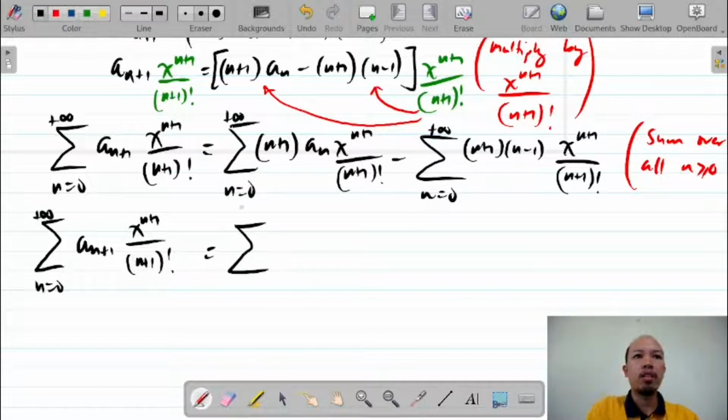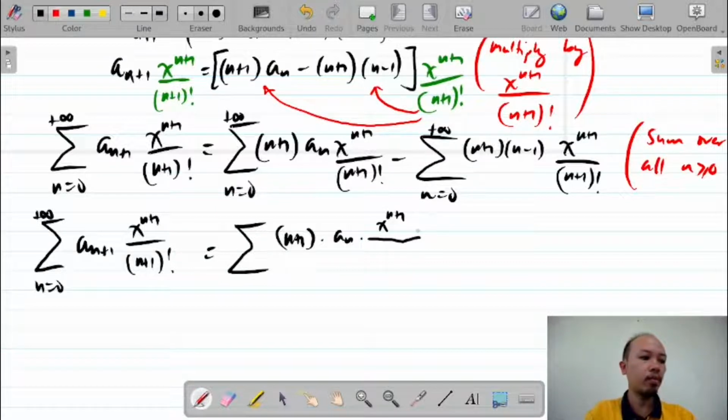Sorry, this is n plus 1 times a sub n times x to the n plus 1 over n plus 1 times n factorial by using the definition.